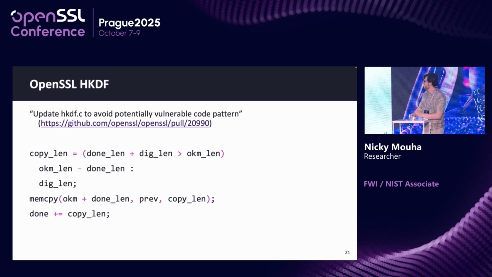Well, what does the code look like in OpenSSL? Because I had to show what is relevant here to the audience. It looks a bit similar, but my query was not considering, like, there's a question mark missing. So at the end of the line, there should be a question mark. Like this is a compacted if statement.